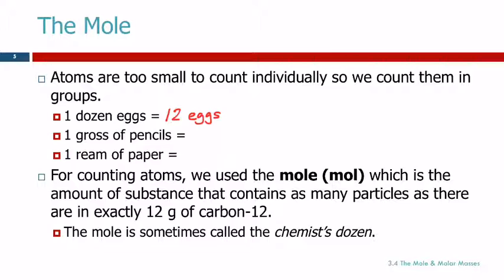What's a gross? Do you know what a gross is? Besides being gross. 144. It's a dozen dozen. 12 times 12 is 144. So if you have a gross of pencils, that means you have 144 pencils.